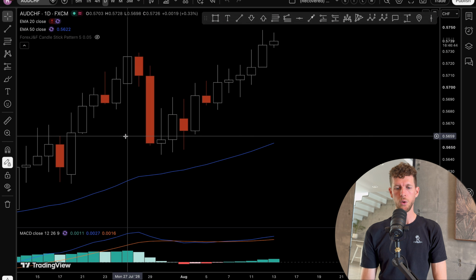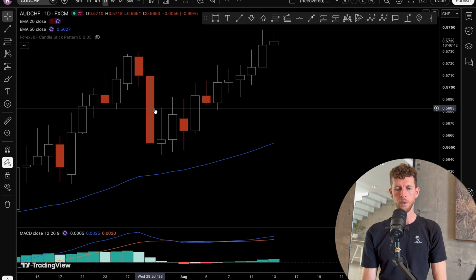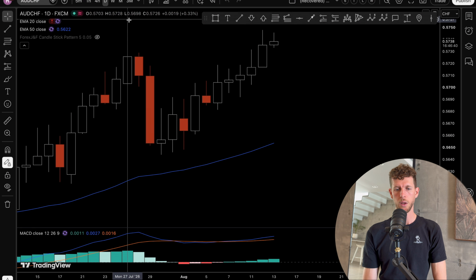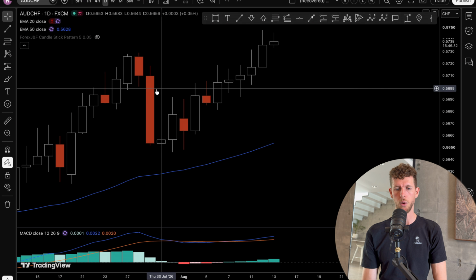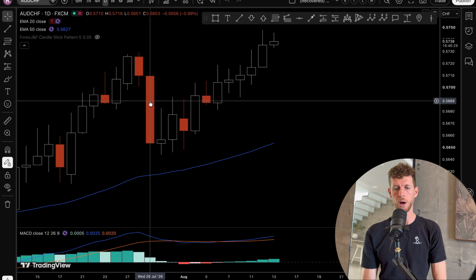Alternatively, on TradingView, if you just hover on a candle, on the top section here, it will show you your opening, your highest point of the candle, the lowest point of the candle, and then when it closed. So if you hover on each candle, it will give that data to you.